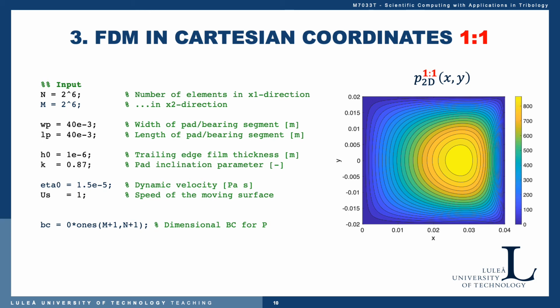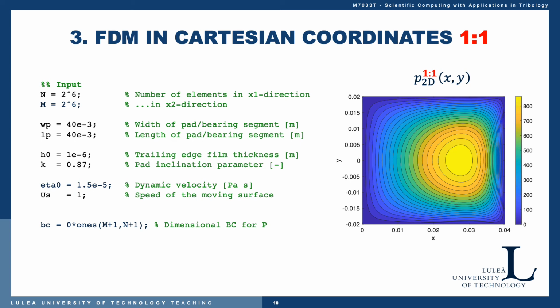It's only 4 by 4 centimeters, and we lubricate it with air. Eta node is 1.5 E minus 5, which is a typical number for air viscosity, and the sliding speed is just 1 meter per second.